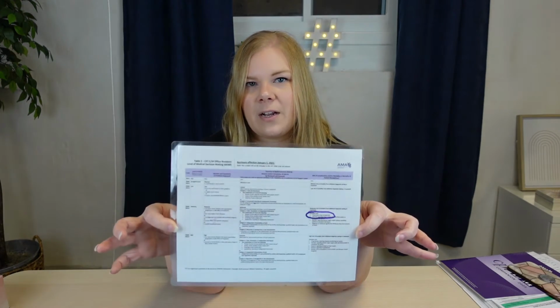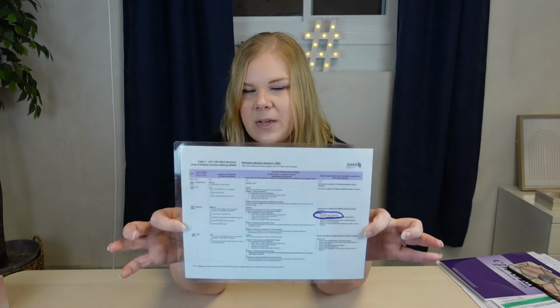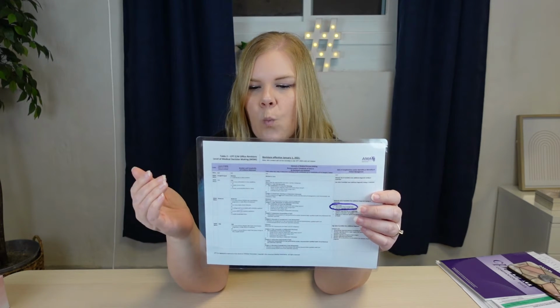For the risk section, we have minimal, low, moderate, and high, and they give us some examples, but the interesting thing is they don't need to fit exactly what is in here. They are clearly examples only.